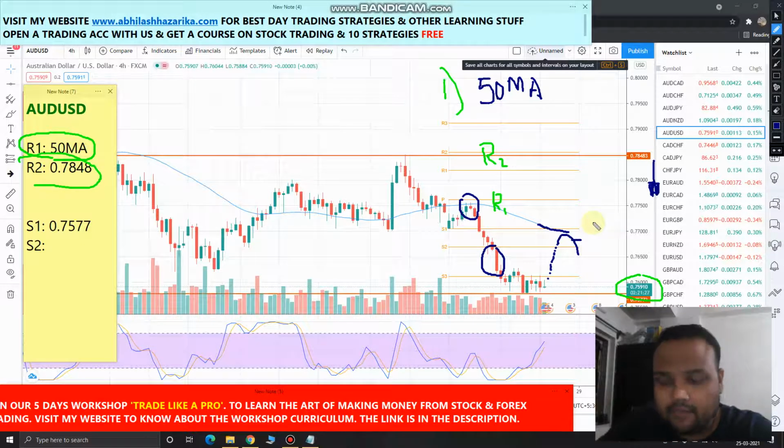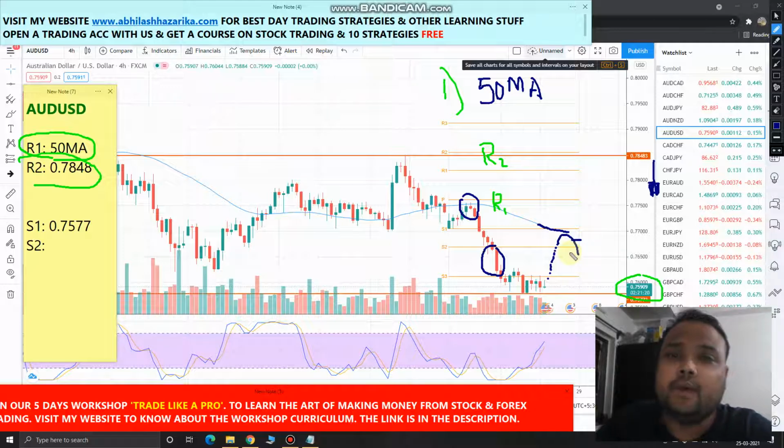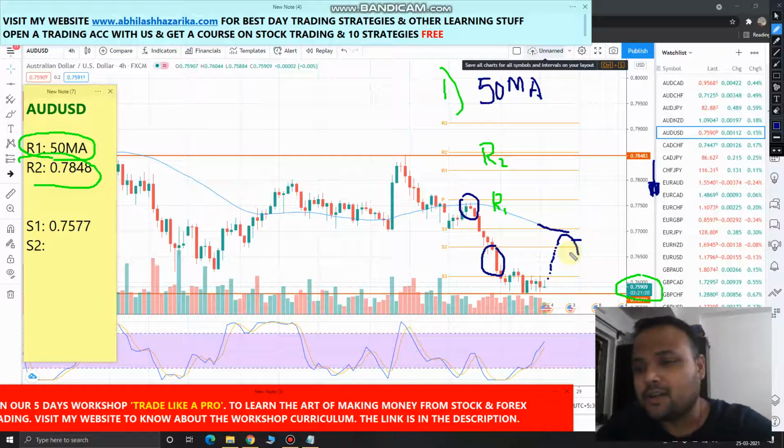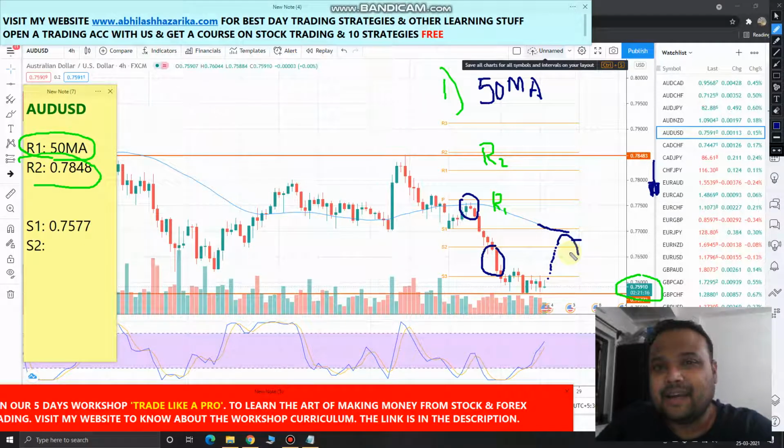And on the other hand, if you see that price is not going up, price is not in a position to go up, price is very weak, the spinal cord is broken and all, then just observe the price in this range.